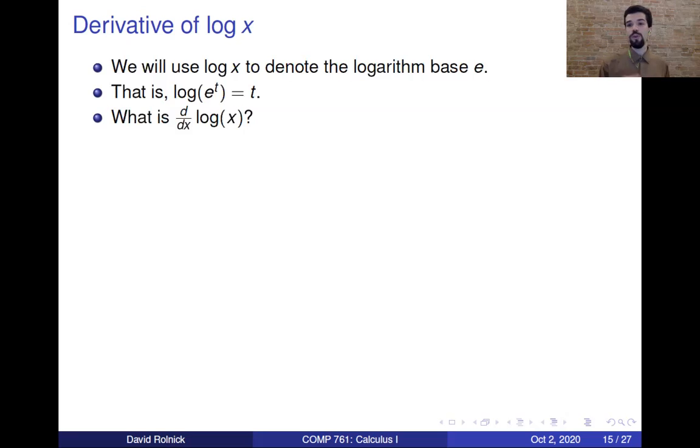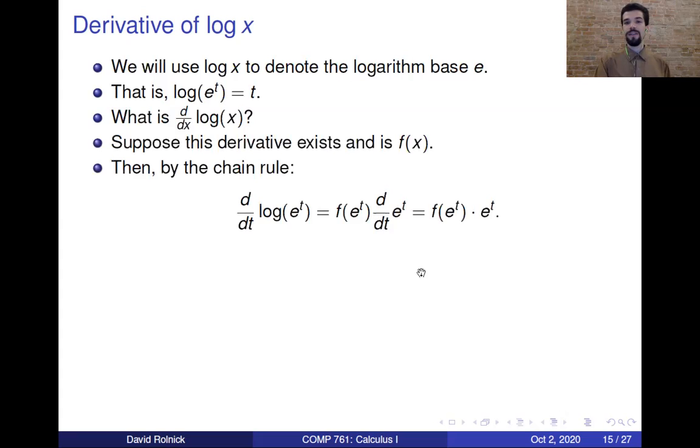Aha, so we can do what we did with the product rule before to work out 1 over x to the n. We can do this now with the chain rule. So suppose this derivative exists and it's f of x. Then we can apply the chain rule to get the derivative of log of e to the t. Now, log of e to the t is just going to be t.